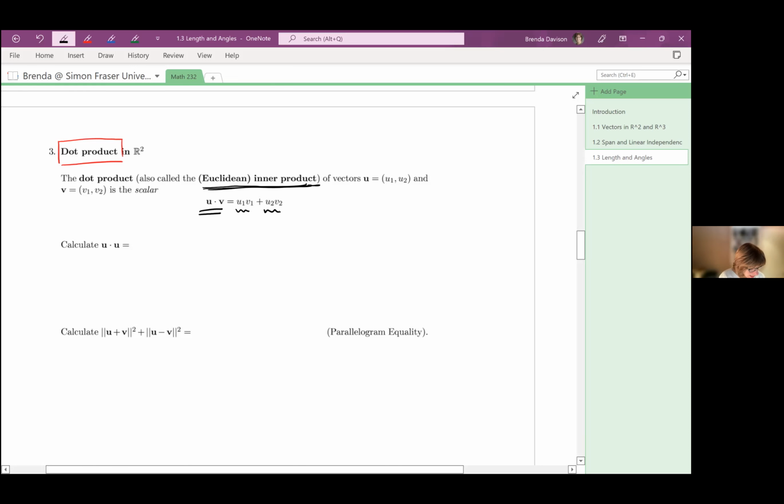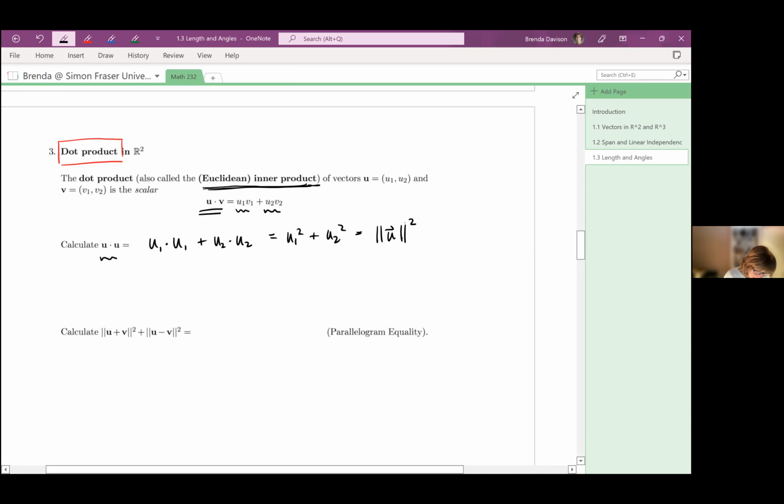That's how we calculate the dot product. We can take a dot product of a vector with itself. That looks like this: first component times first component plus second component times second component. That is the dot product of u with itself, u1 squared plus u2 squared. And you will notice that that is the norm of u squared.